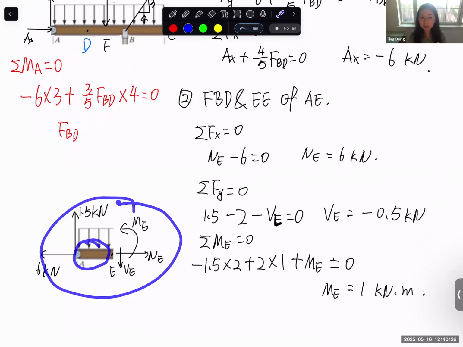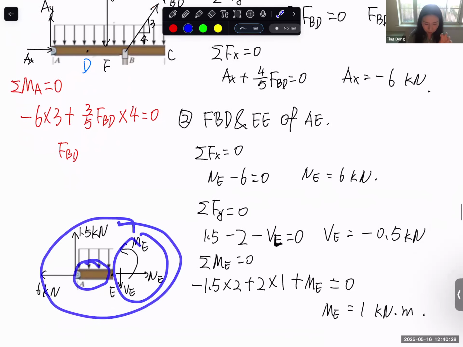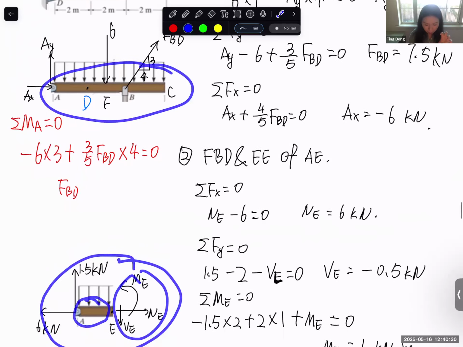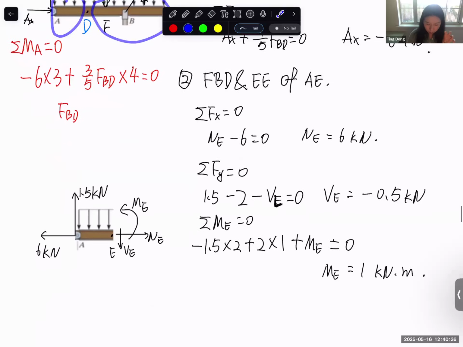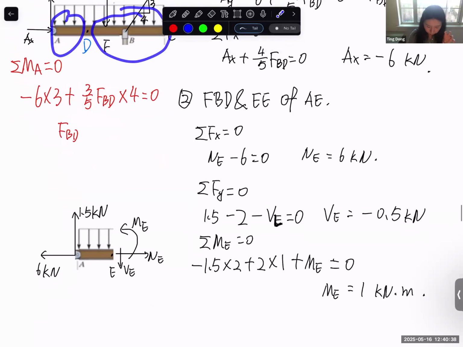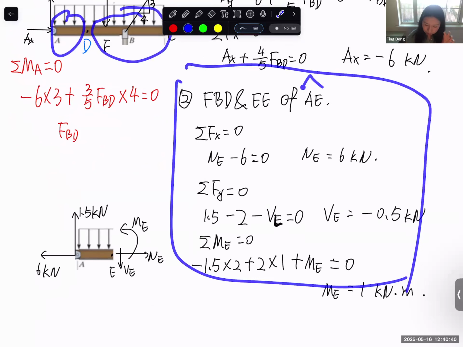Make sense or not? So now this internal force, when we consider the entire section, becomes the external applied force applied from the CD section to the AD section. So now we are writing the equilibrium equation of the AE section, and whatever force we put on the AE section, they are all considered external applied force for the AE section.